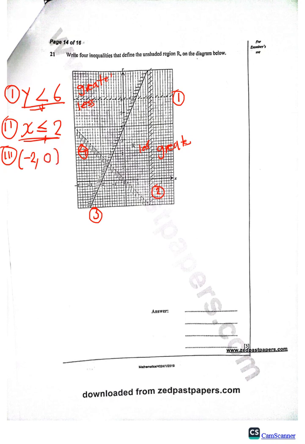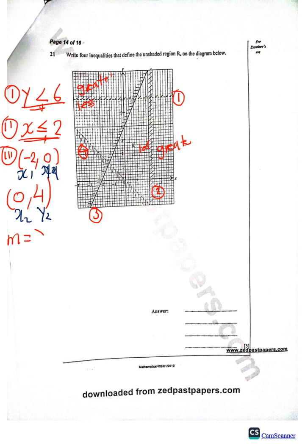So -2, 0. Then on the y-axis, it is touching at 0, 4. So we need to find the gradient. So x1, y1, x2, y2. So let's find the slope.